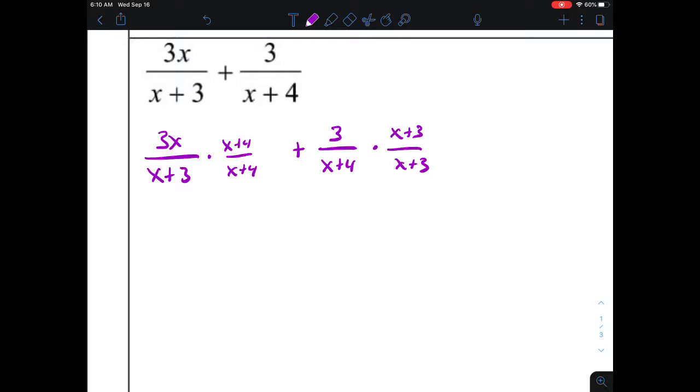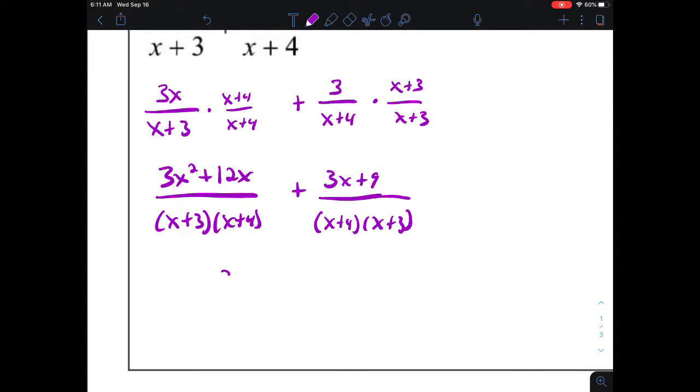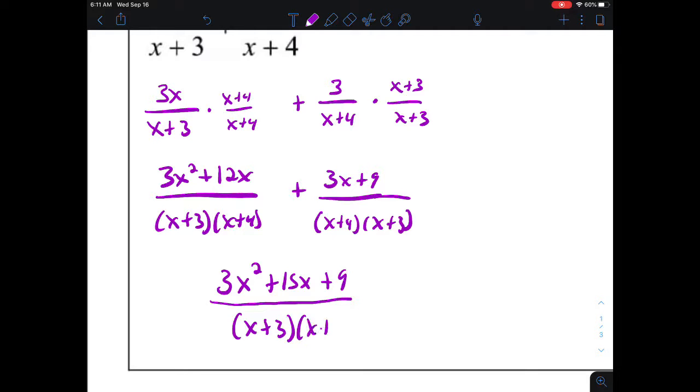And so what we'd have is I'm going to multiply together the tops: 3x squared plus 12x over x plus 3 times x plus 4, plus 3x plus 9 over x plus 4 times x plus 3. Now that the denominators are the same, I can combine the numerators. So we'd have 3x squared plus 15x plus 9 over x plus 3 times x plus 4.